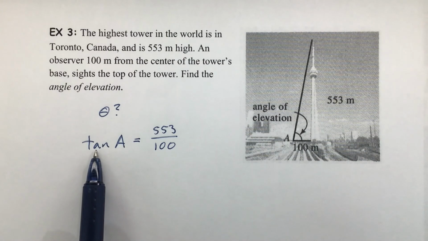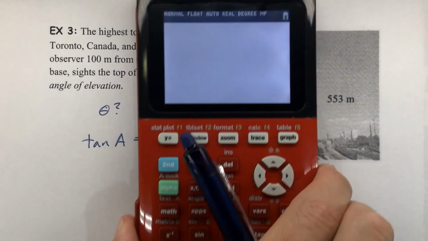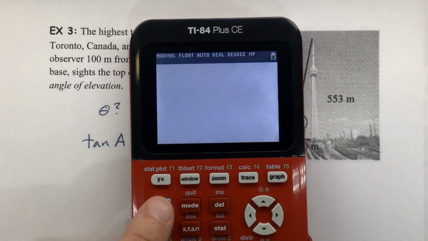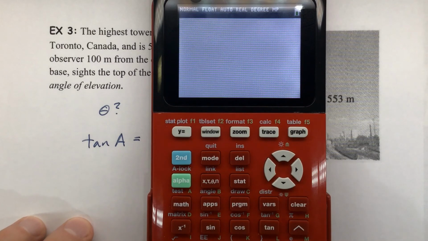Okay, so now we start thinking of the sine, the cosine, and the tangent as functions. And if we do think of these as functions, then every function has an inverse that goes along with it. You have a function that can be used to undo whatever's happening here. On the calculator, those inverses are found by typing the second button, and then, let's say we're looking at tangent, you'll see the little arrow up there now.